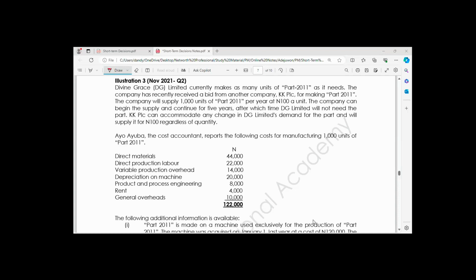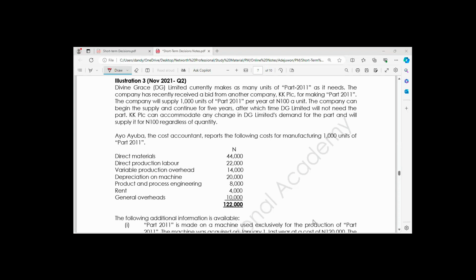Direct material 44,000, direct production labor 22,000, variable production overhead 14,000, depreciation on machine 20,000, product and process engineering 8,000, rent 4,000, general overheads 10,000. Total is 122,000. The following additional information is available. 1.